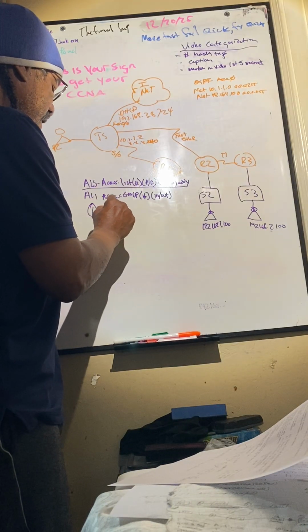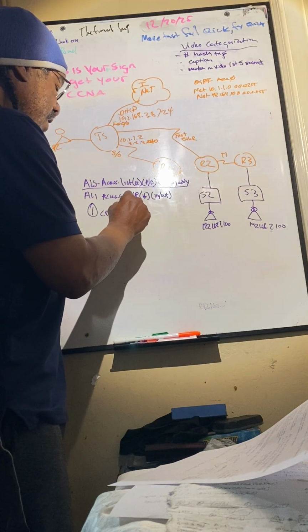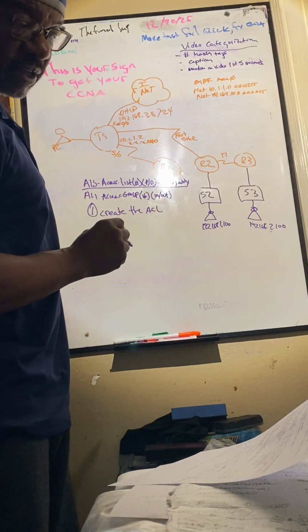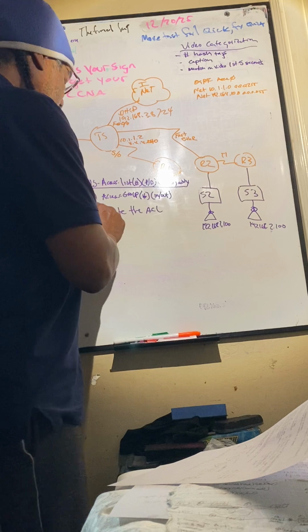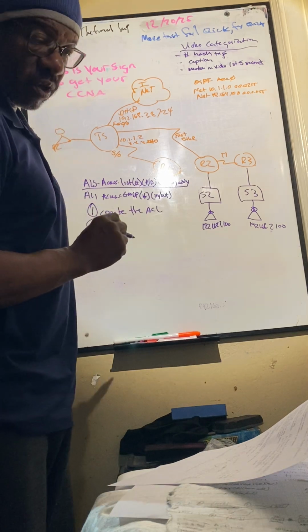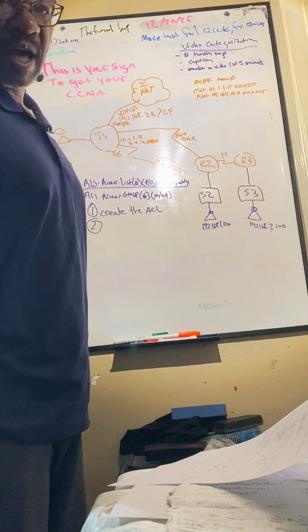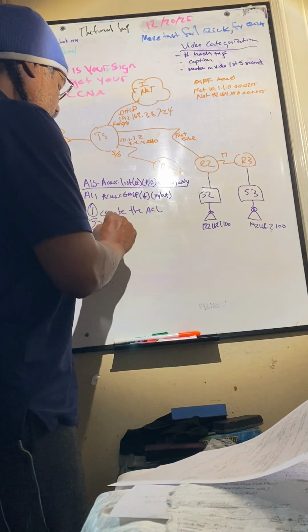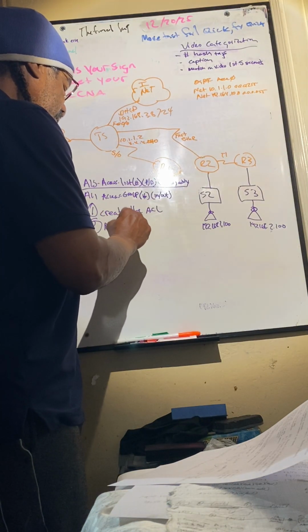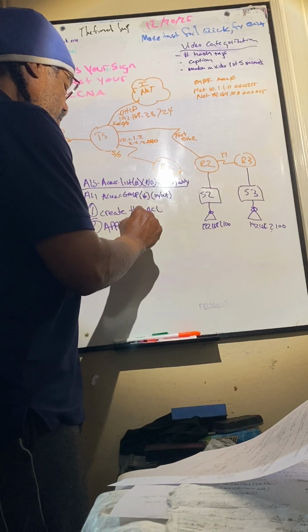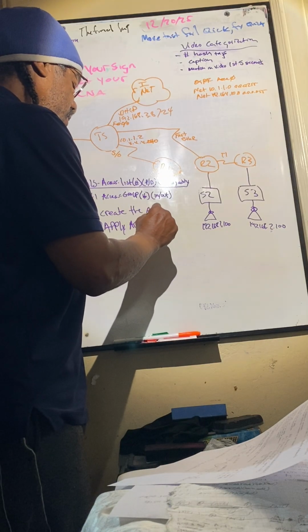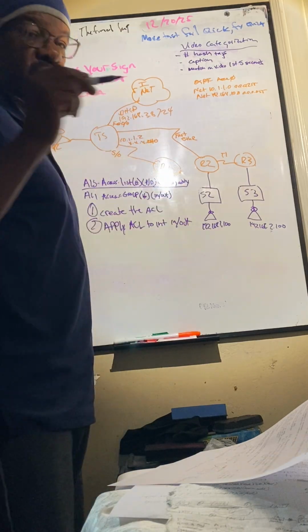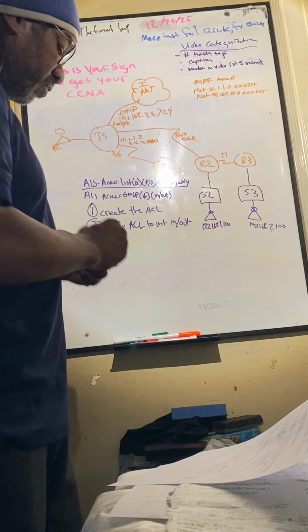One, you have to create the ACL, the access list, and then you have to apply the ACL to an interface, either inbound or outbound, family.